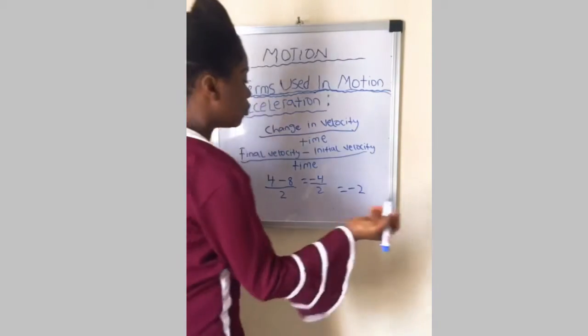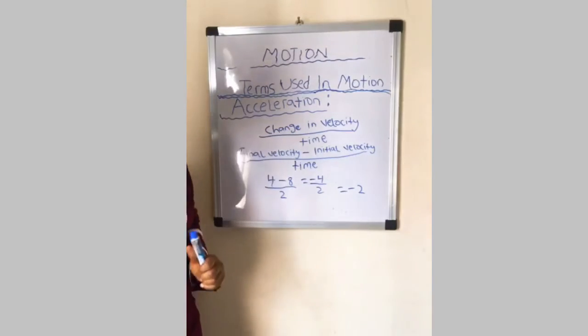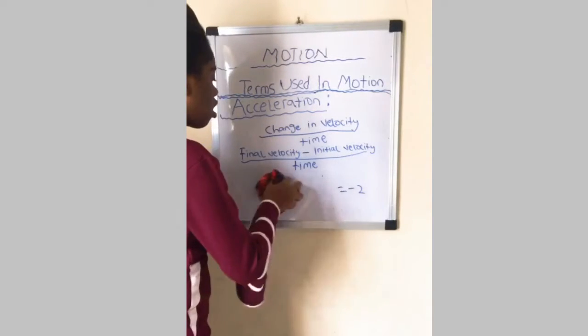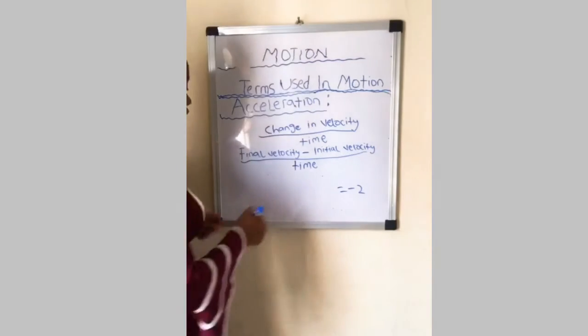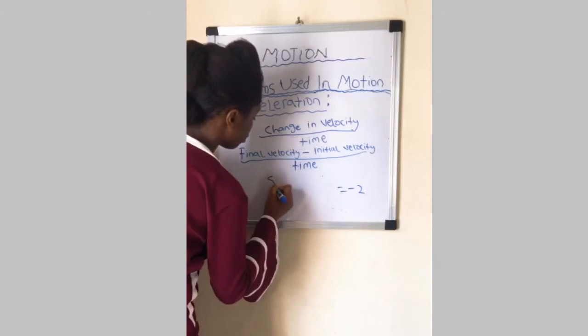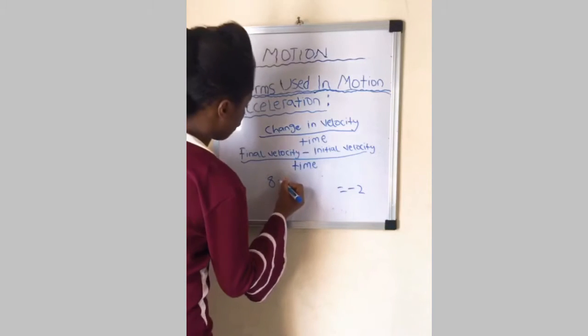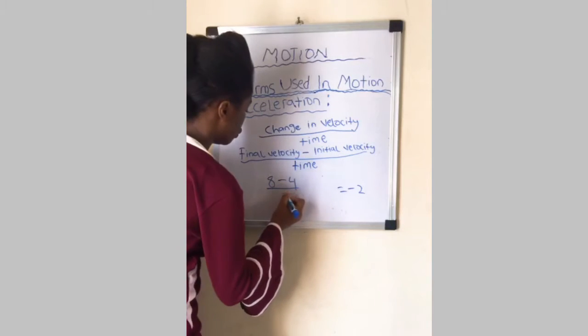But when your answer is positive, that is when it is increasing in time, let's say our final velocity is 8 and initial velocity is 4 and time is 2.